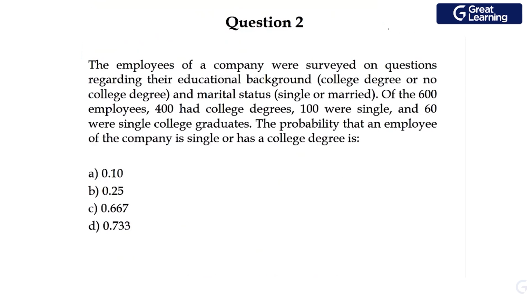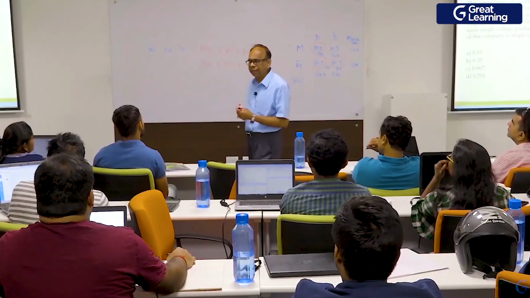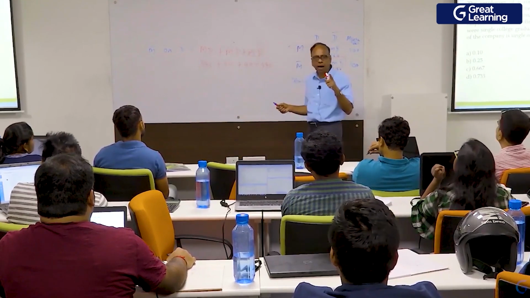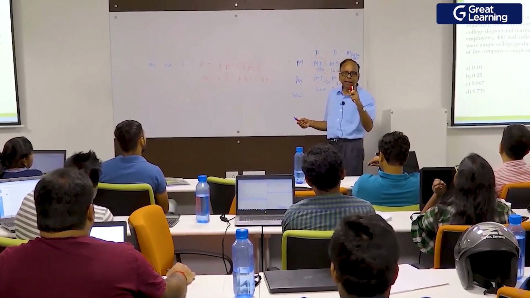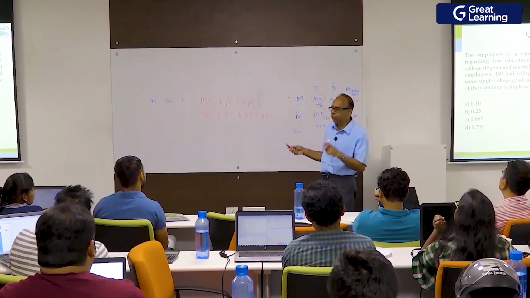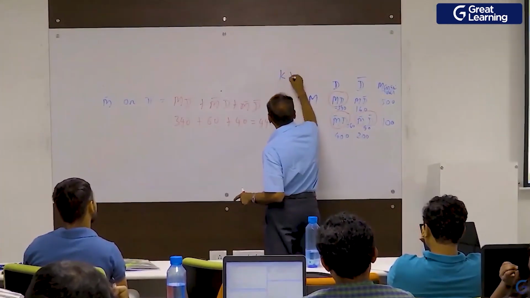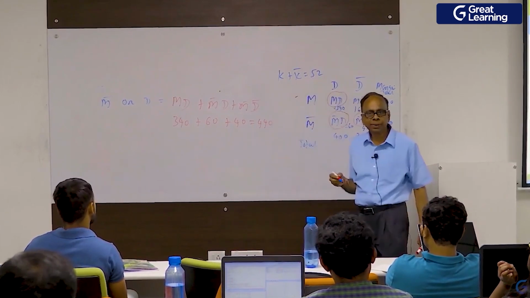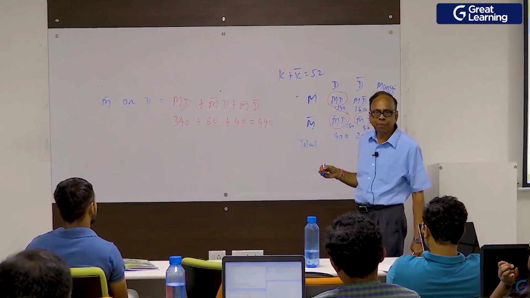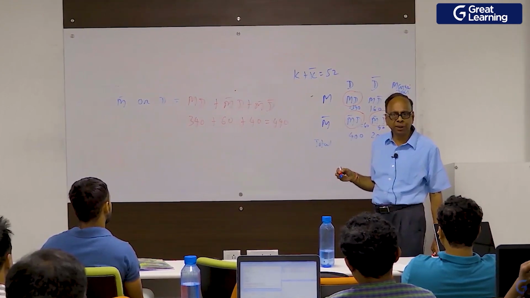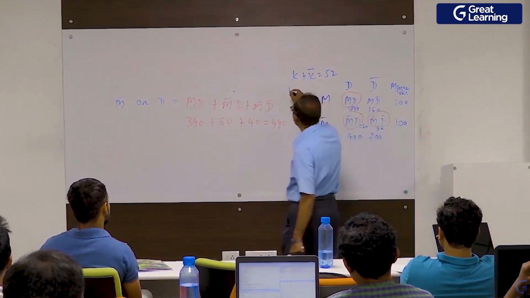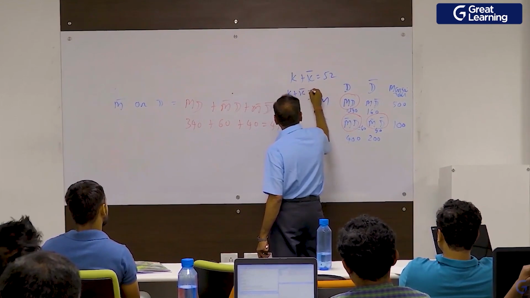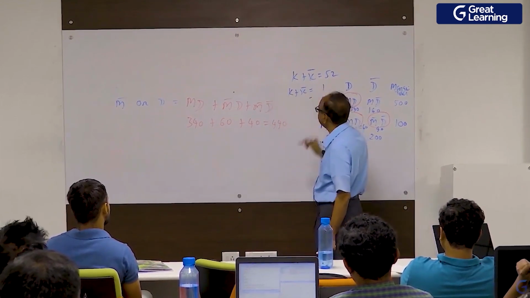Then the third, I'm building concepts. Let me explain this. If you have a pack of cards, king or a diamond, if I use frequency, king plus king bar is equal to 52, the total number of cards. Supposing I use a probability principle, king plus king bar, the proportion concept, is equal to 1.